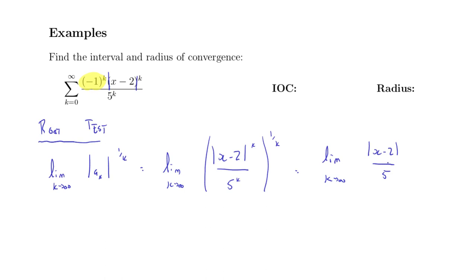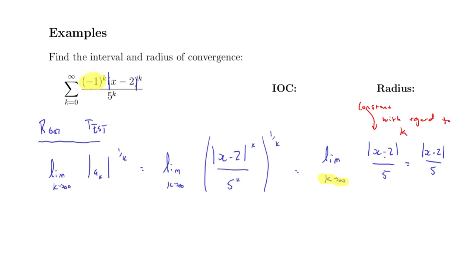And again, students will sometimes say, oh, this is going to be infinity, because the numerator is going to get really big. But wait, k is the thing going to infinity, not x. So this is actually constant. We can treat it like a constant because it's constant with regard to k.